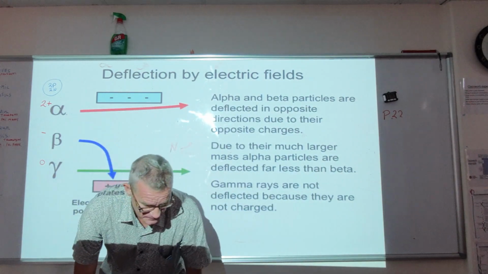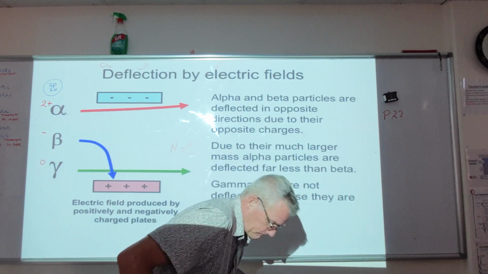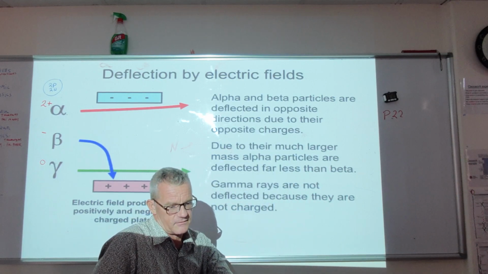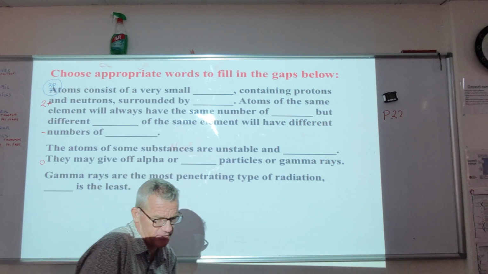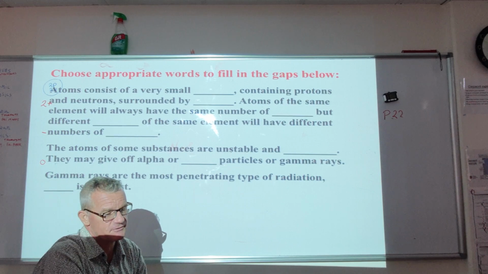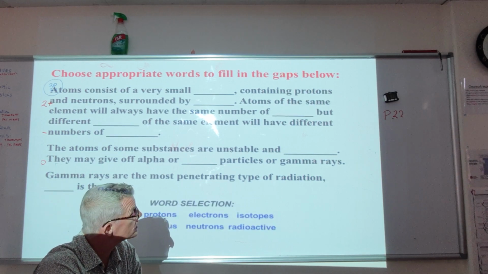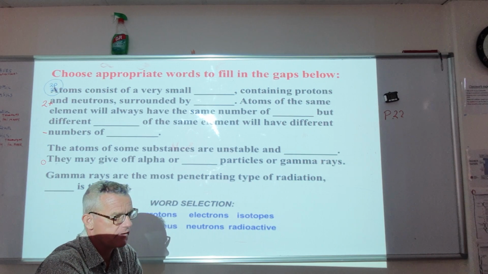To finish up this slide, we are going to fill in the sentences. Just stop the video for a moment and then try to fill in. I give you a couple of 10 seconds to pause the video.